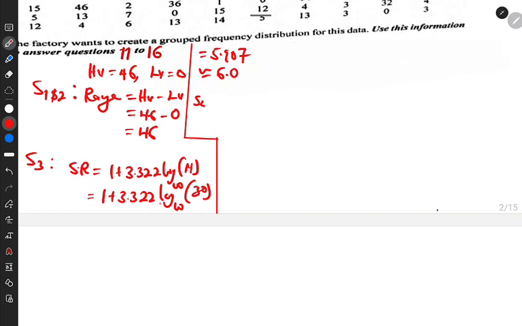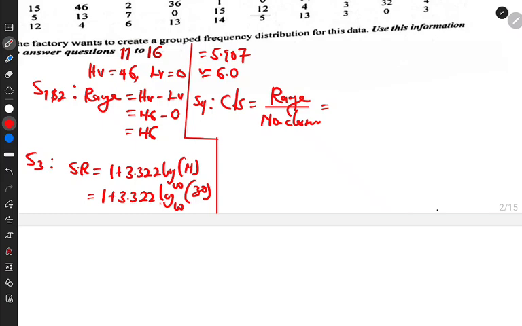Class size, or class width, the same thing, is equal to the range over the number of classes desired, the number of classes that you're supposed to have generally.